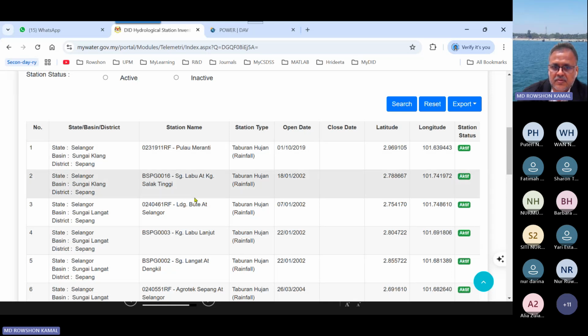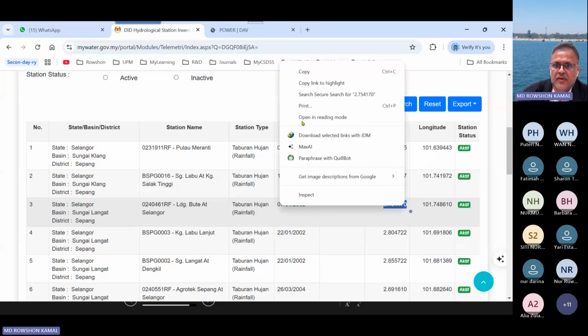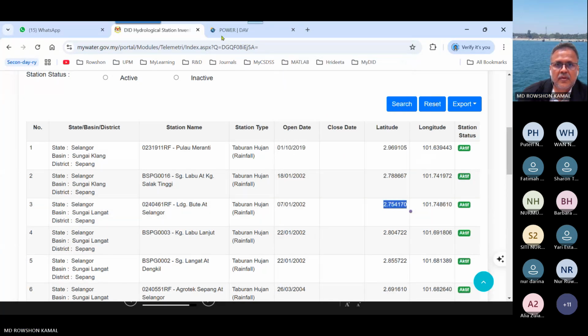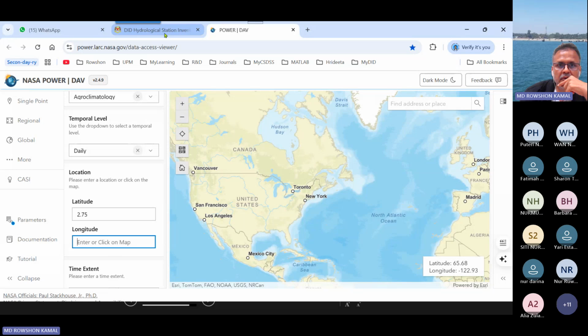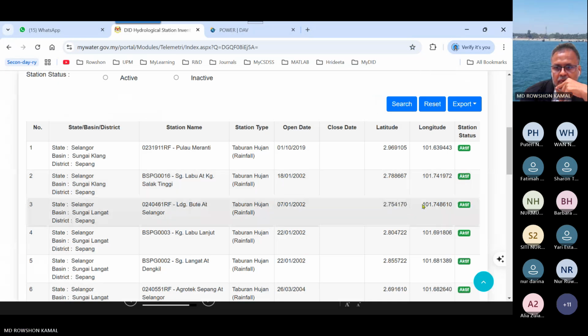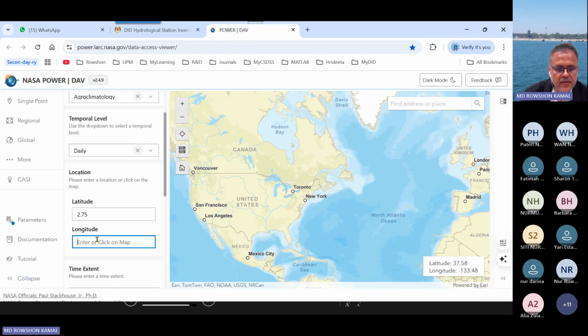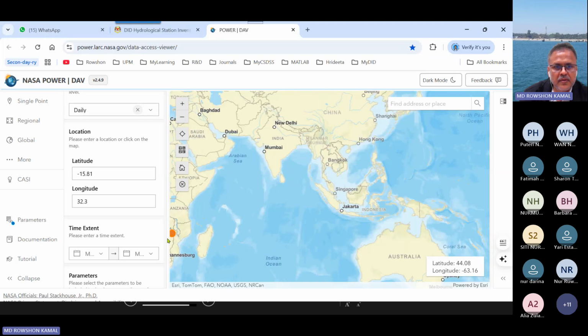If you know a station's name, longitude, and latitude, you can copy and paste them there. Copy the latitude and bring it here, then the longitude. It should be in decimal like this. Once you put it here, the Malaysian map will display here.